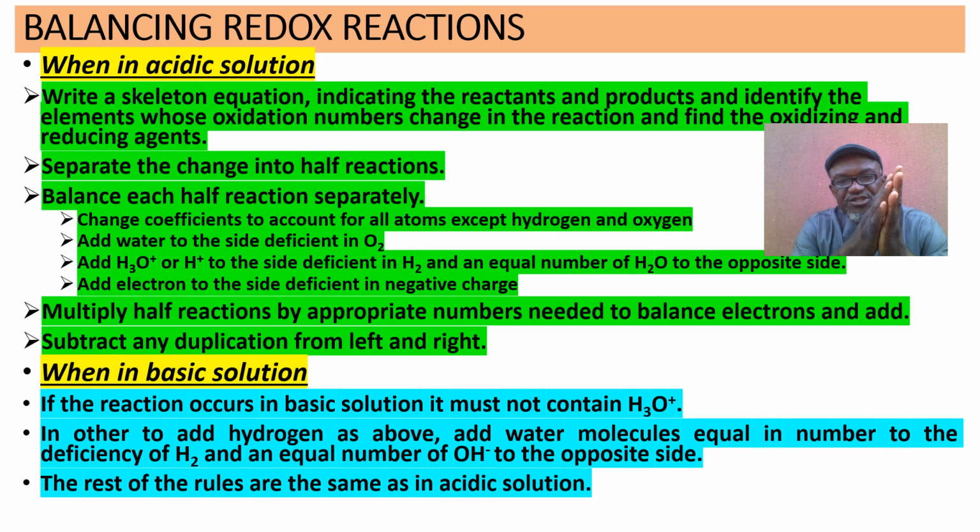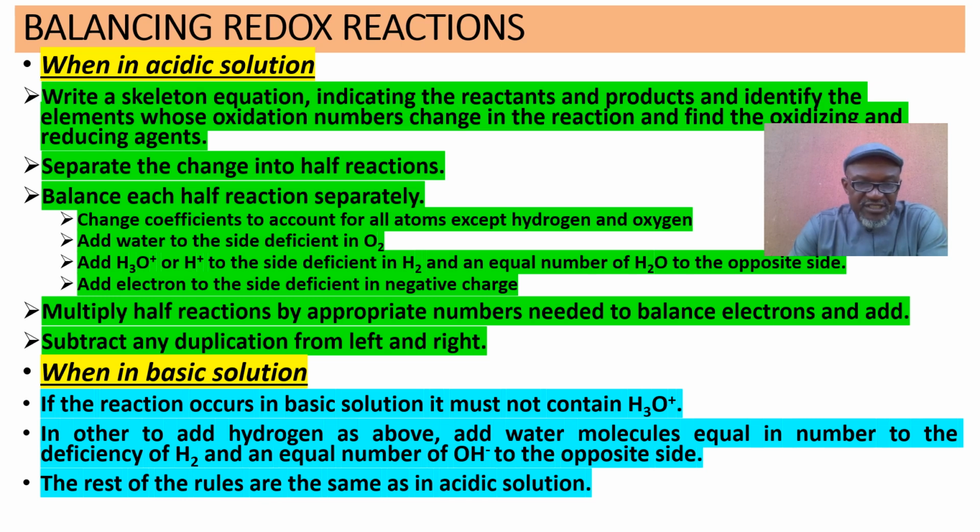You separate the change into half reactions. You must have half reactions. Know the oxidation half reaction, know the reduction half reaction. Now you balance each half reaction separately. In balancing these half reactions, these are the things you do. Change coefficients to account for all atoms except hydrogen and oxygen.